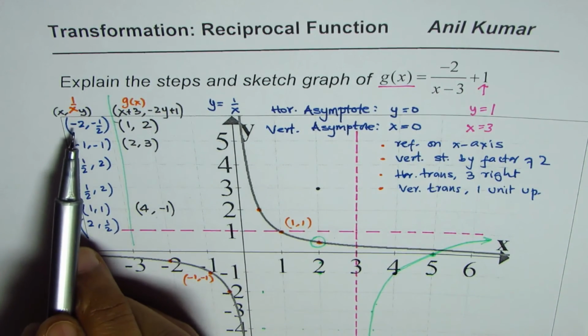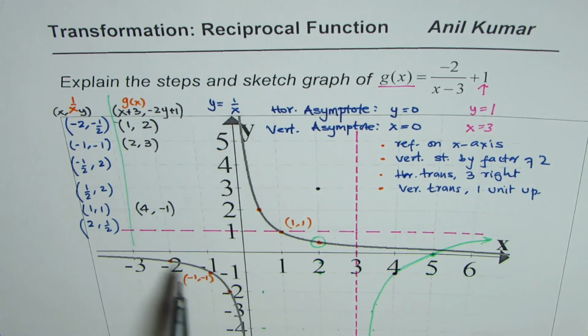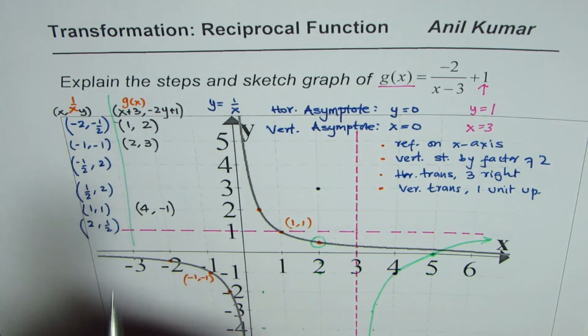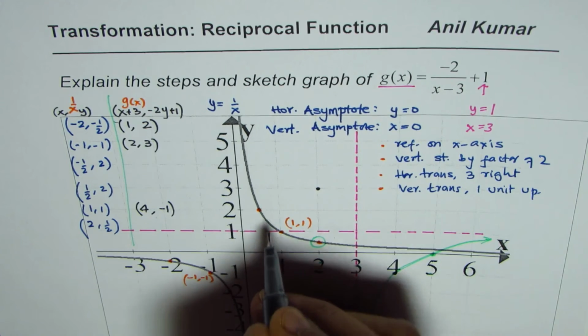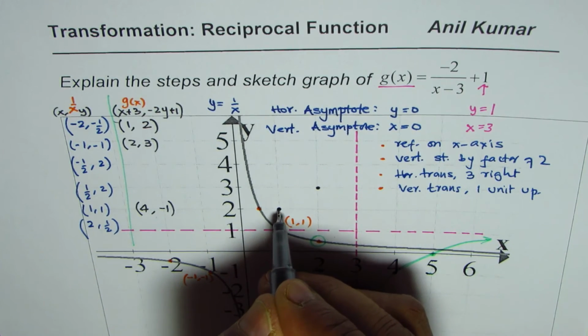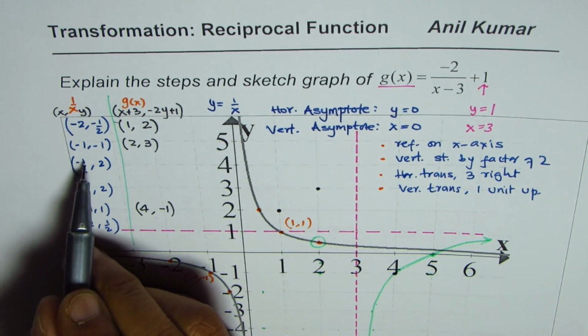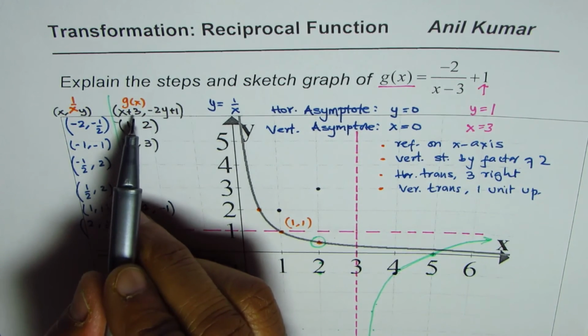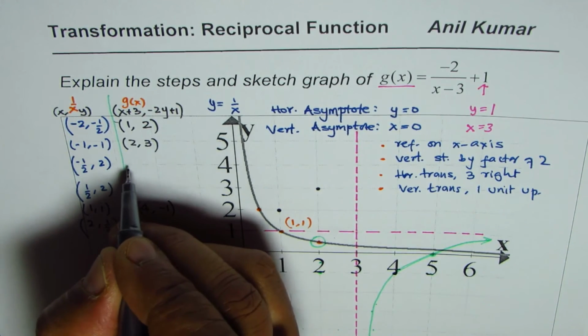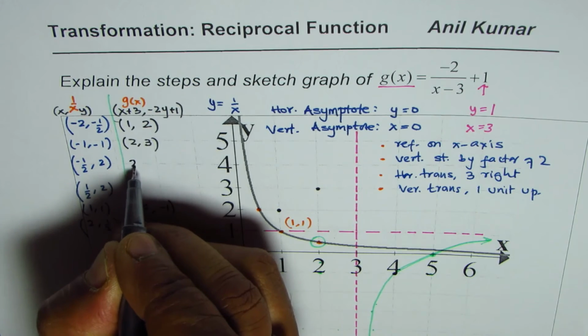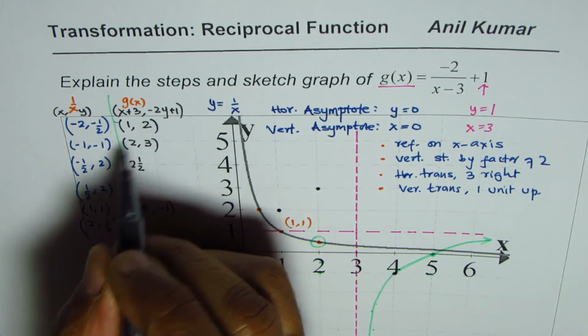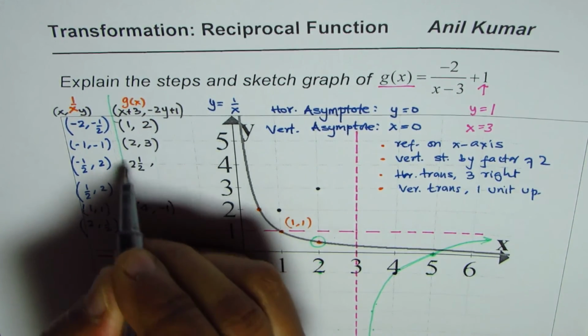So the point corresponding to -2 minus half is (1, 2). The next one is -half. So -half plus 3 is 2.5, right? So we'll write 2.5. You can convert to decimals at times.